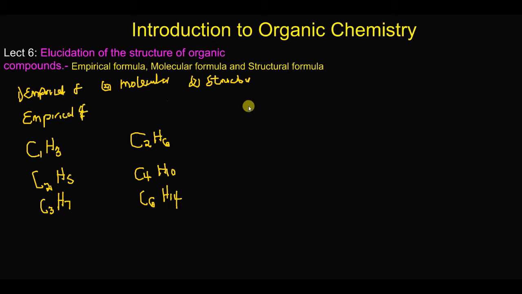When we say empirical formula, it shows us the very simplified ratio. It tells us the simplest whole number ratio of each element or atom within a compound.